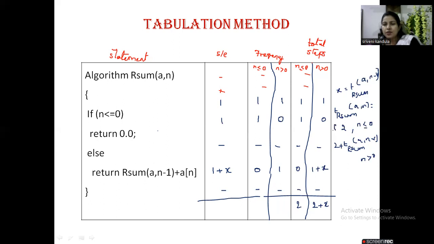This is the same recurrence relation that we obtained in the count variable method also. Now let us see how to solve this recurrence relation in order to get the total number of program steps. Let us solve the recurrence relation.